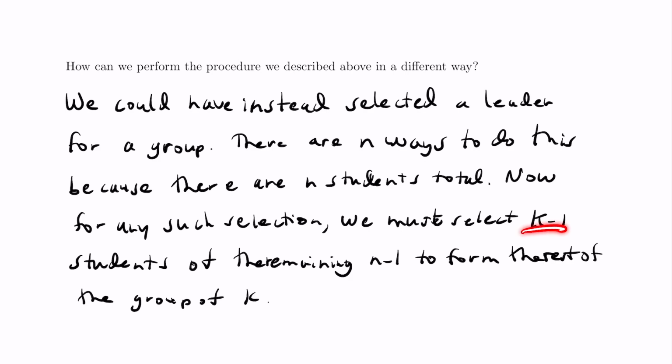So we're selecting k minus 1 students of the remaining n minus 1. There are n minus 1 choose k minus 1 ways to do this.